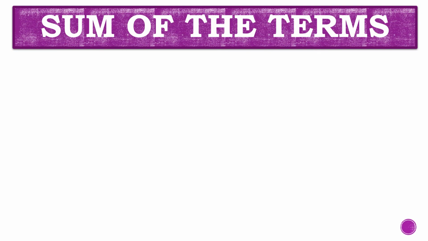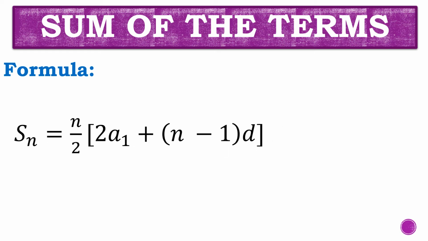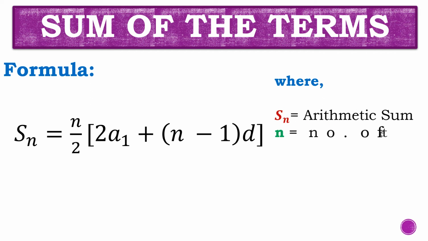Here's how we get the sum of the terms. Using the formula, S sub n is equal to n over 2 times the quantity 2a sub 1 plus the quantity n minus 1 times d, where S sub n is the arithmetic sum.